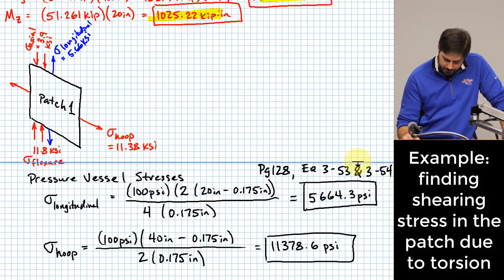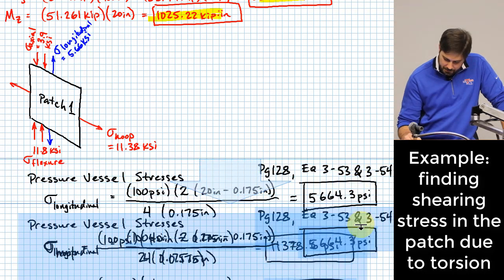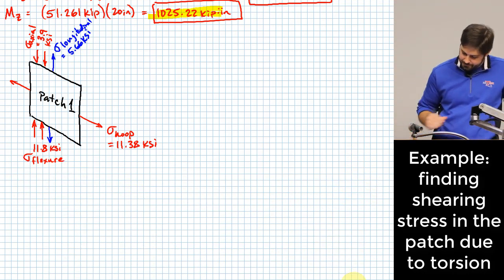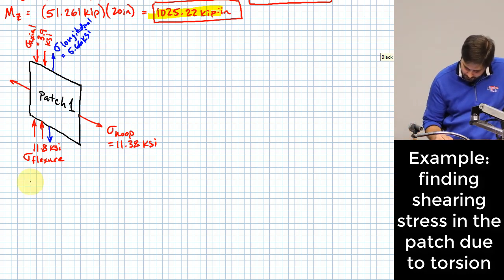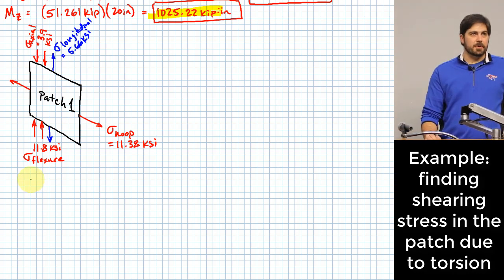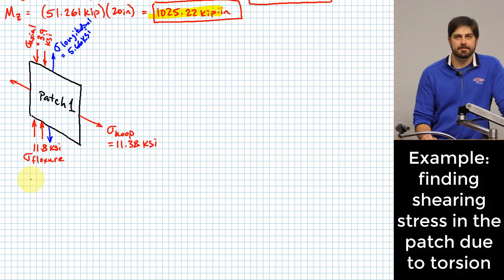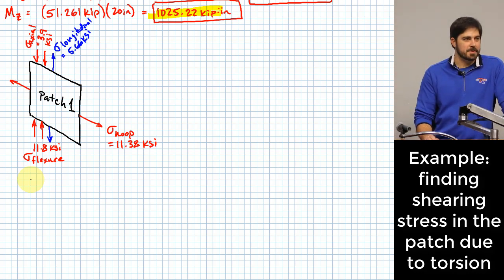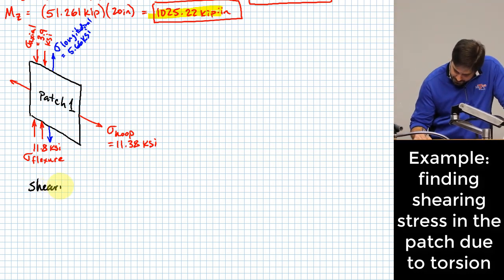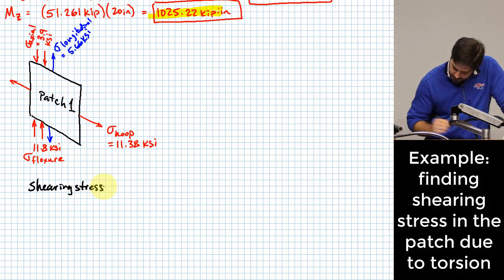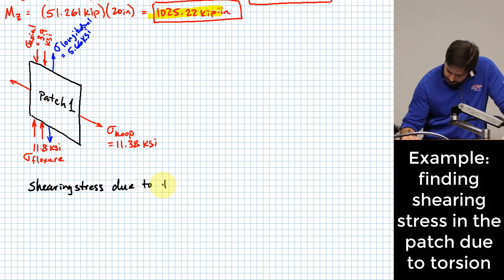We have a couple of different sources of shearing stress potentially here. All right, let's do the easy one first. What's the easy one? Probably the one due to torsion that happens on this tank. So we'll say shearing stress due to torsion.